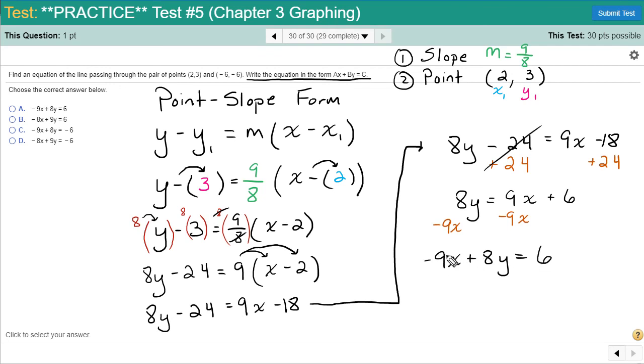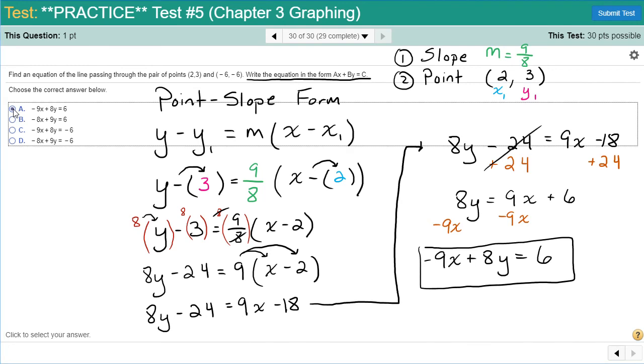So here's standard form. We have our ax plus by is equal to c. So hopefully this is one of our options here. So negative 9x plus 8y equals 6. Yeah, I think it is option A.